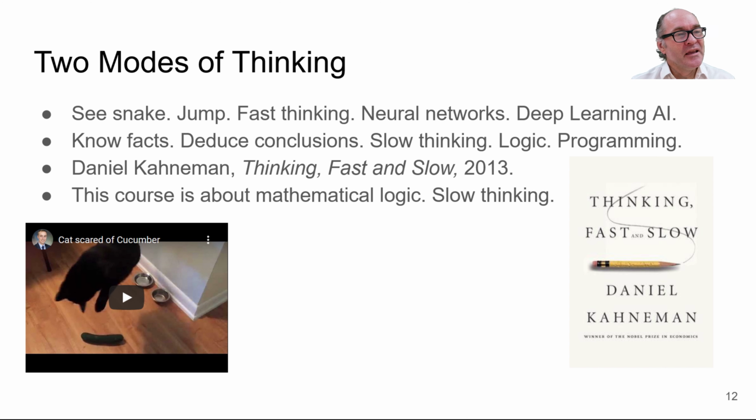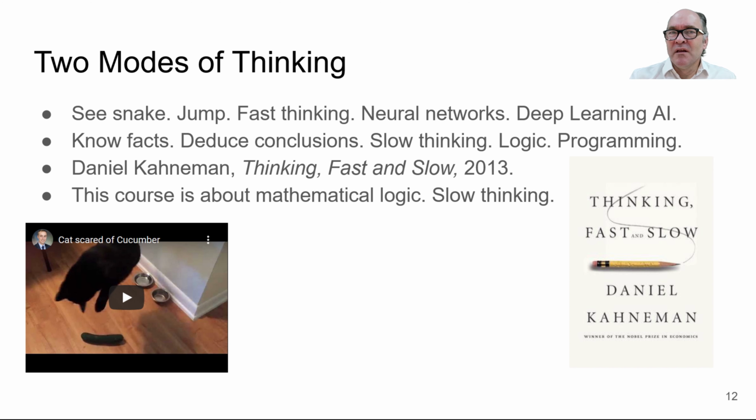I want to compare and contrast two modes of thinking, two modes of reasoning, two modes of computation, that are now both incredibly important in computer science and in understanding the world much more broadly. Daniel Kahneman wrote a book for which he's quite famous now called Thinking, Fast and Slow. Kahneman was a Nobel Prize winner. And the two modes of thinking are what he calls fast thinking and slow thinking.